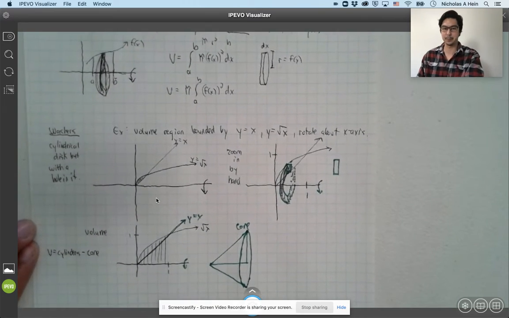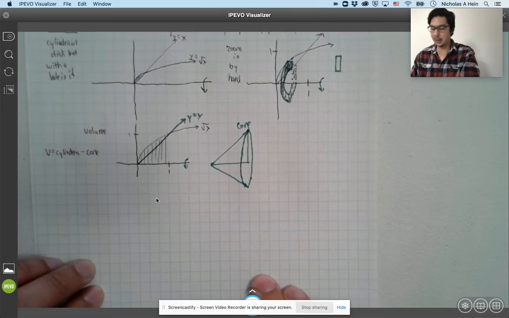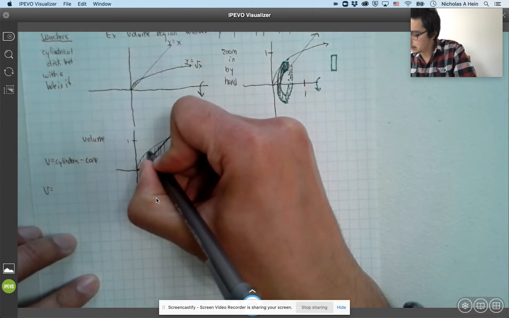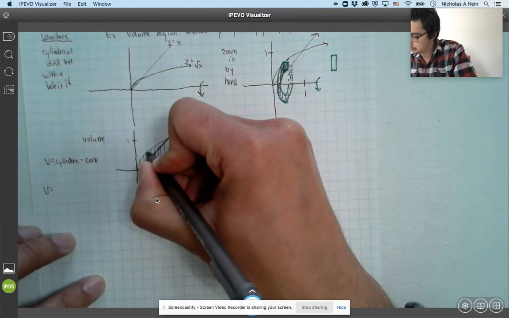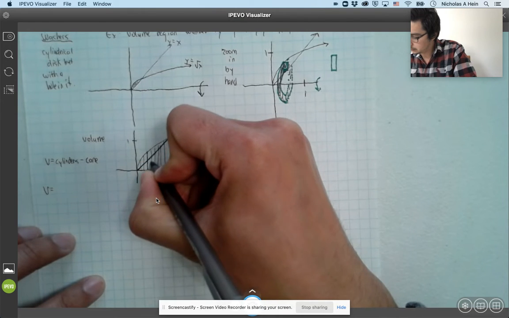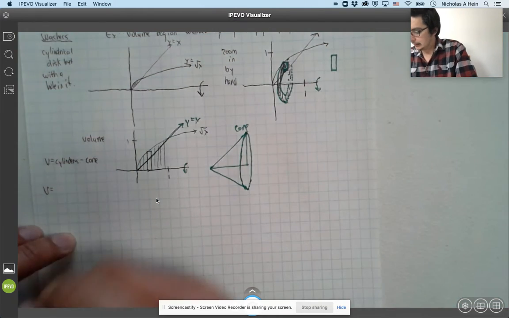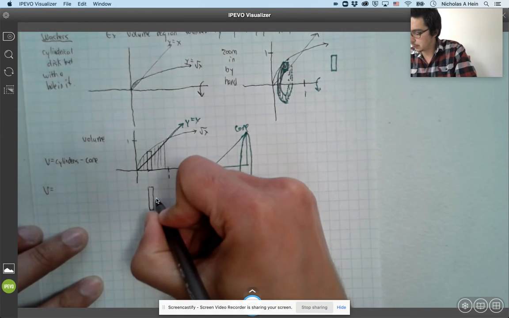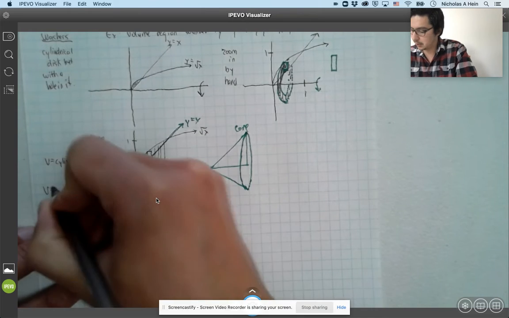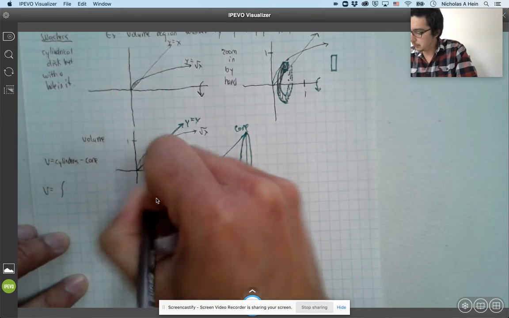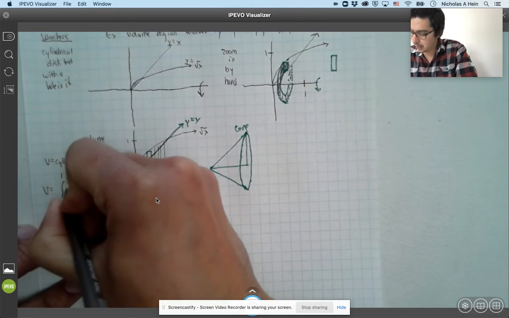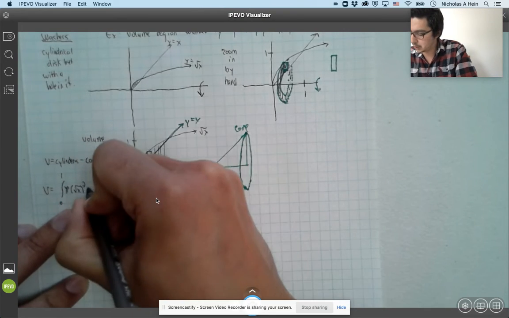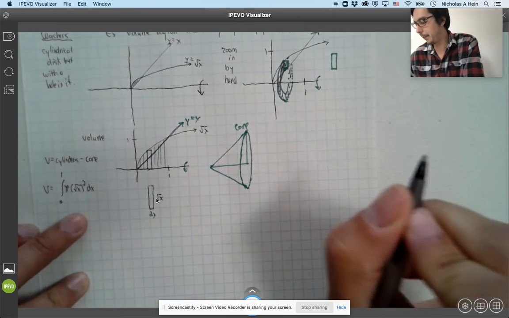All right, so let's do the math here. The volume using cylinders: if we pull out one of the rectangles here, the height is root x, the thickness is dx, so it's going to be the volume from 0 to 1 of pi times radius squared times your height, or thickness, dx.